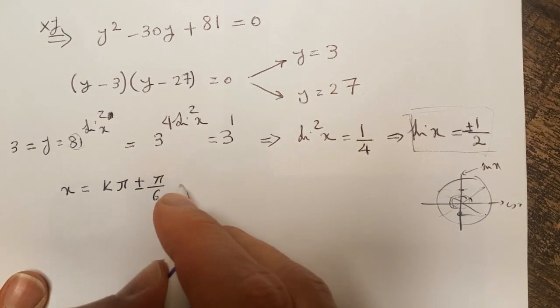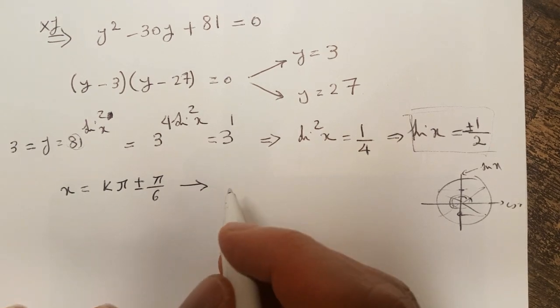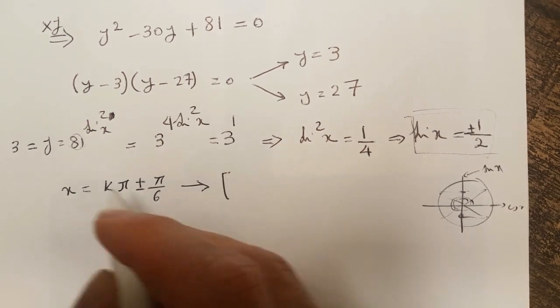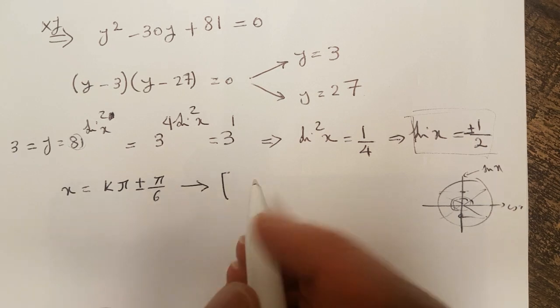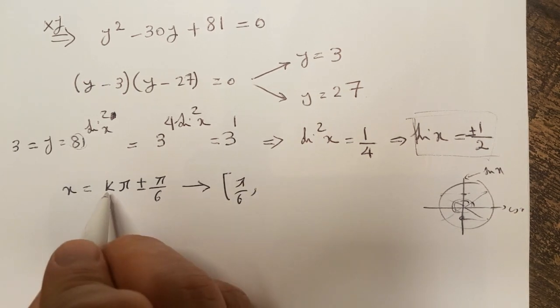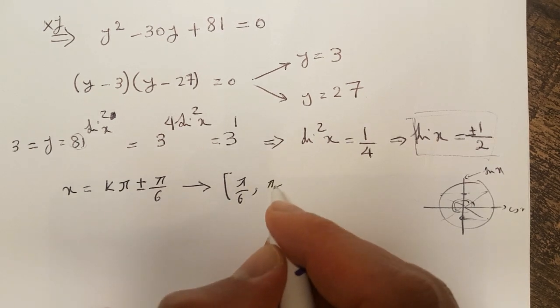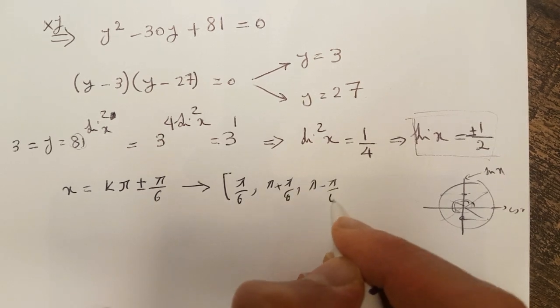So in the range of 0 to 2 pi we will have 4 solutions, which is, if we put k as 0, we'll have pi over 6. At k equal to 1, we'll have pi plus pi over 6 and pi minus pi over 6.